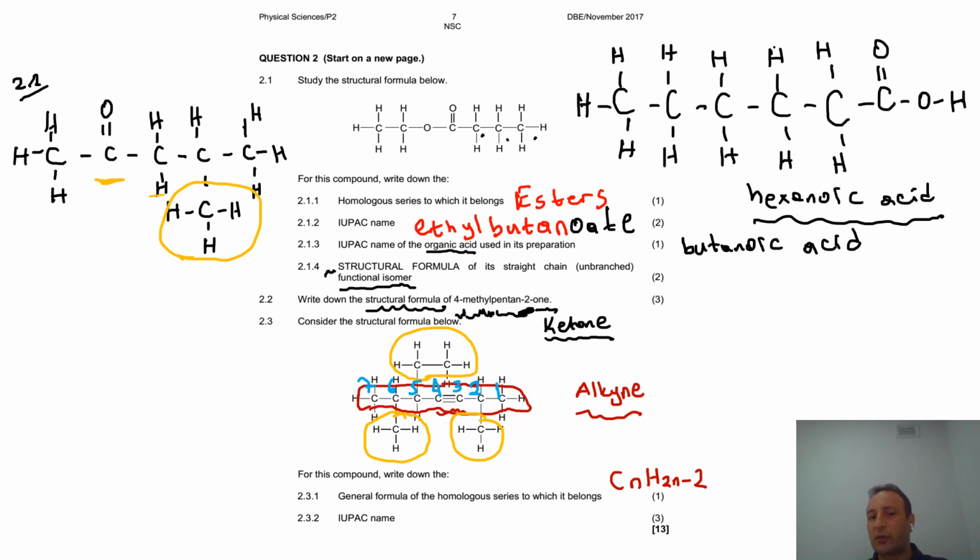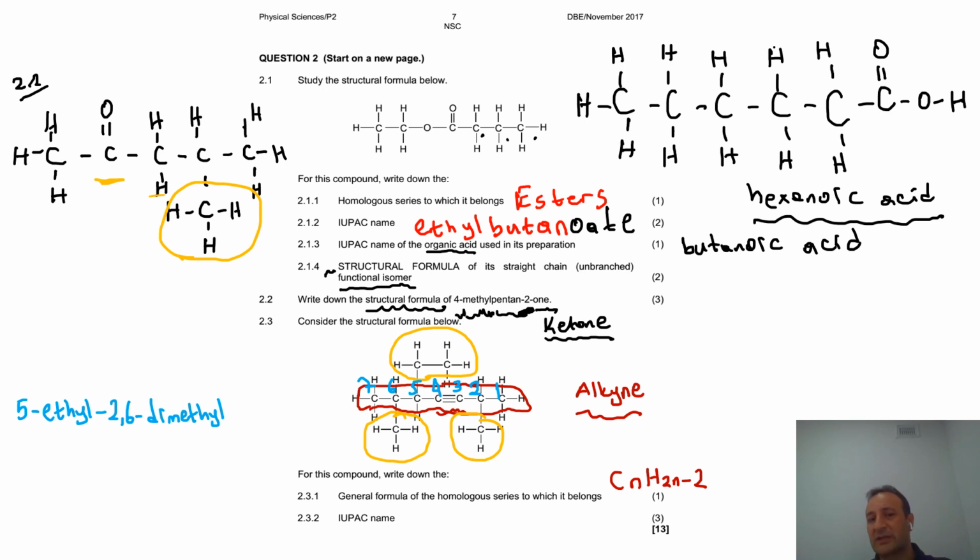I have methyl groups and ethyl. Alphabetical order tells me that I must start with the ethyl. So we will say 5-ethyl, and then I have methyl groups. One is on the second carbon, the other one is on the sixth. Dash 2,6-dimethyl. As I have two methyl groups, I need to use the di prefix.